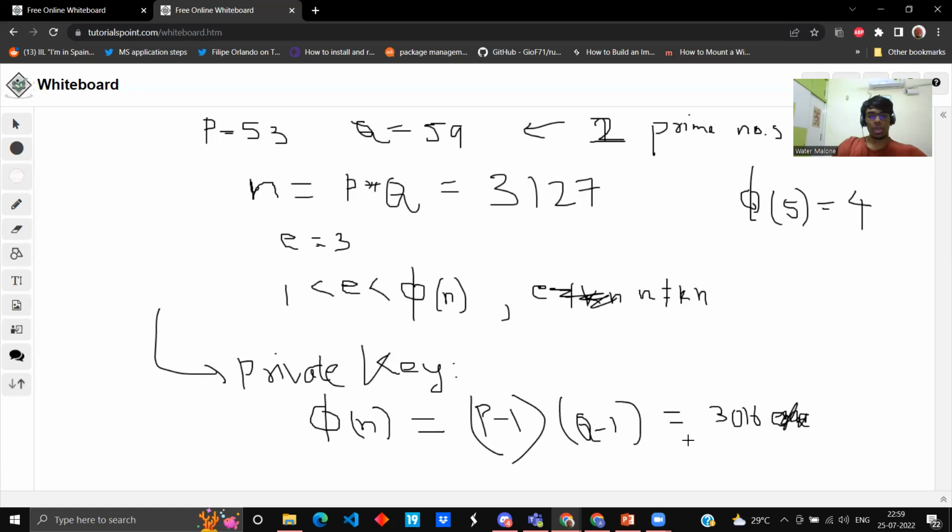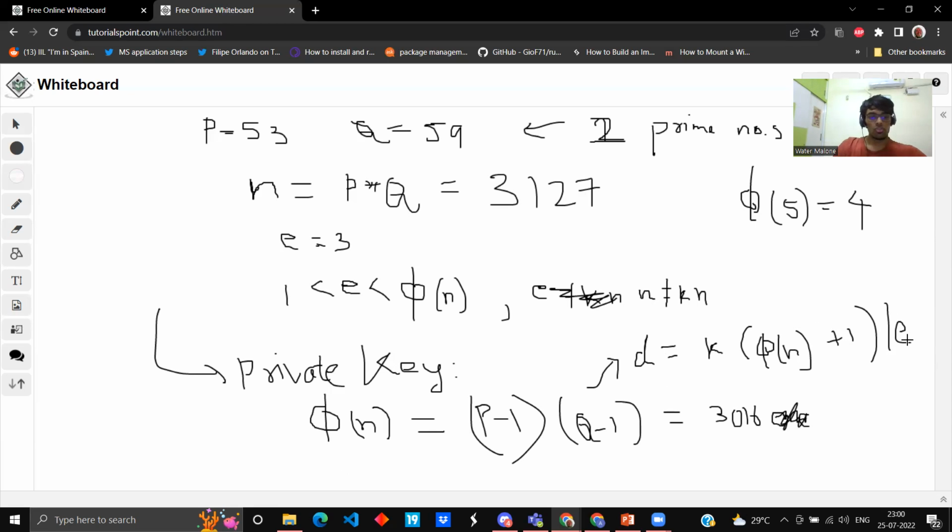Now, to calculate the private key, what do we have to do? To calculate the private key d, for some value, let's say k, you calculate d such that d is k multiplied by phi of the value that we have created here, plus 1, divided by e.